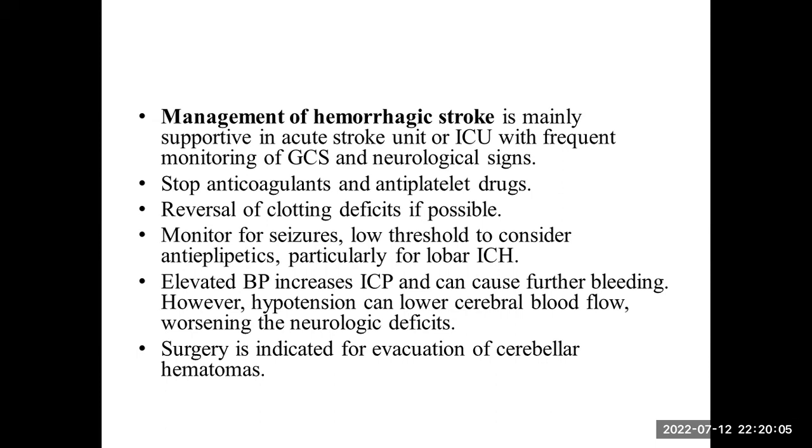If there is severe thrombocytopenia, you might give platelet transfusion. And you should stop all the anticoagulants and antiplatelets, as they might actually be the cause or contributing factors for this hematoma.